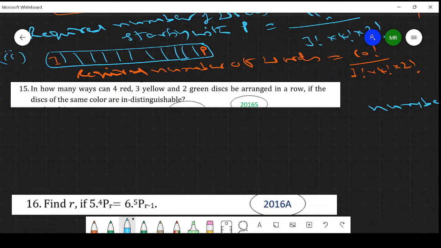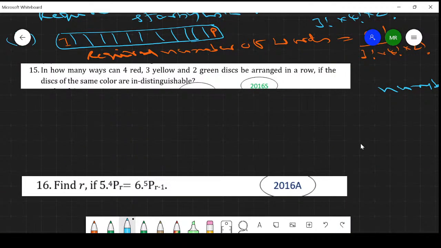In how many ways can 4 red, 3 yellow and 2 green discs be arranged in a row if the discs of the same color are indistinguishable? This is a simple one. 4 red, 3 yellow and 2 green, the total number of discs is 4 plus 3 plus 2, 9.